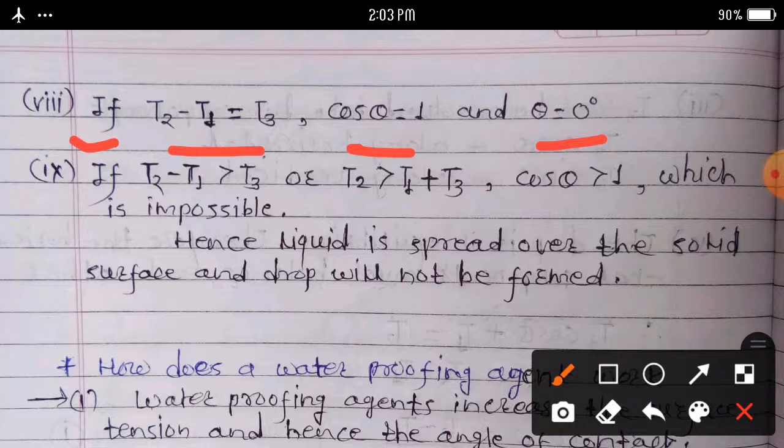If T2 minus T1 is greater than T3, or T2 is greater than T1 plus T3, then cos theta is greater than 1, which is impossible here. Hence liquid is spread over the solid surface and drop will not be formed.